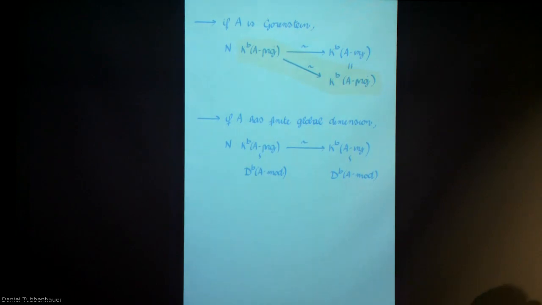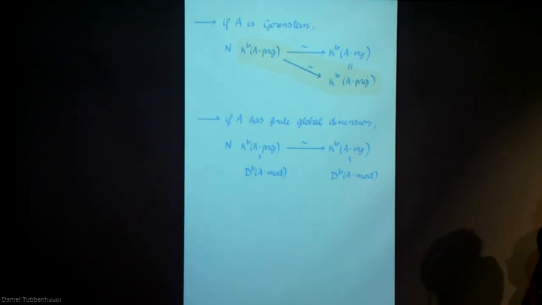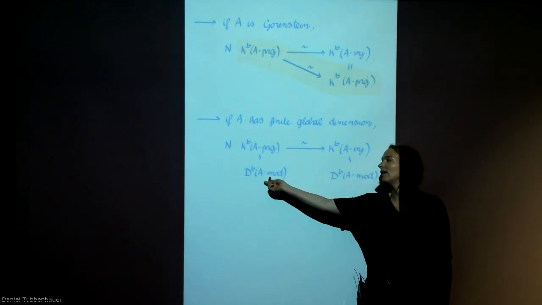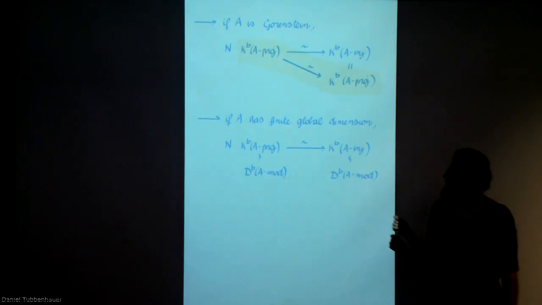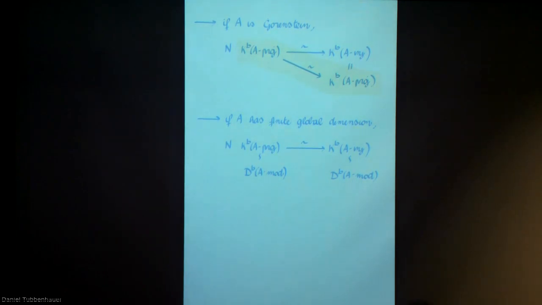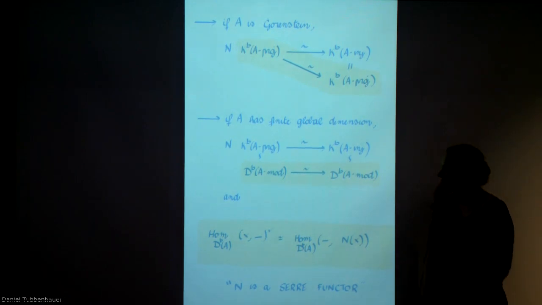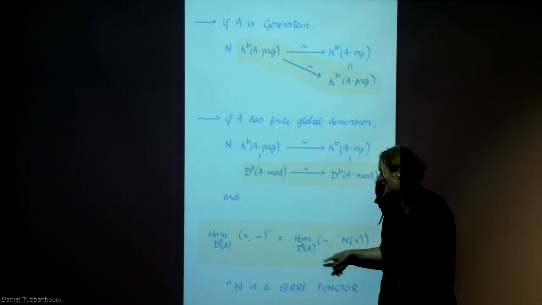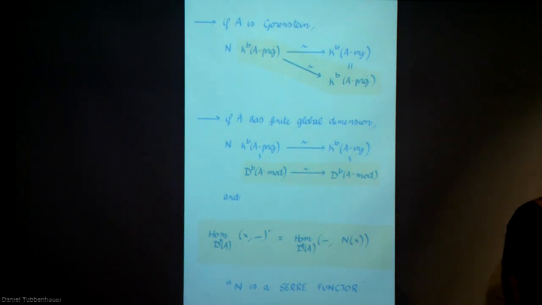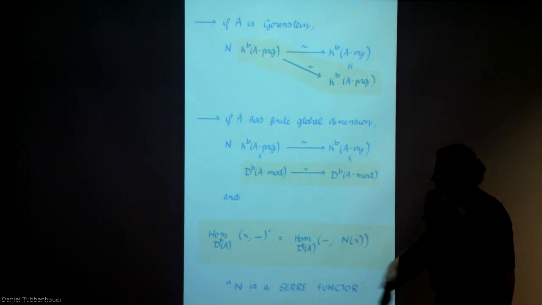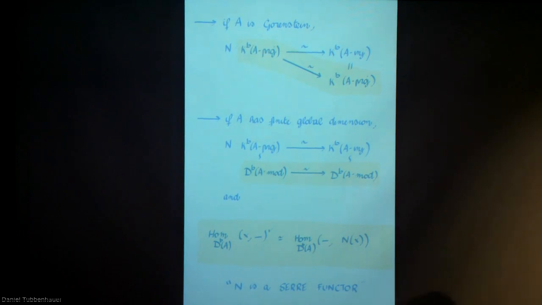If moreover A actually has finite global dimension, then both of these are equivalent to the bounded derived category of finitely generated modules over A. And so we actually get an autoequivalence of the derived module category, and again it satisfies the formula. Here, a functor that has this property we'll call a Serre functor.